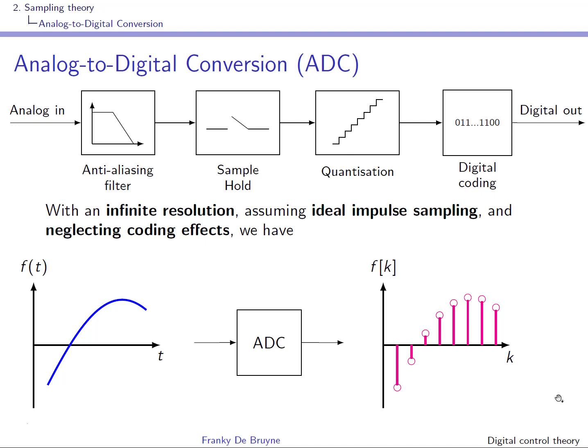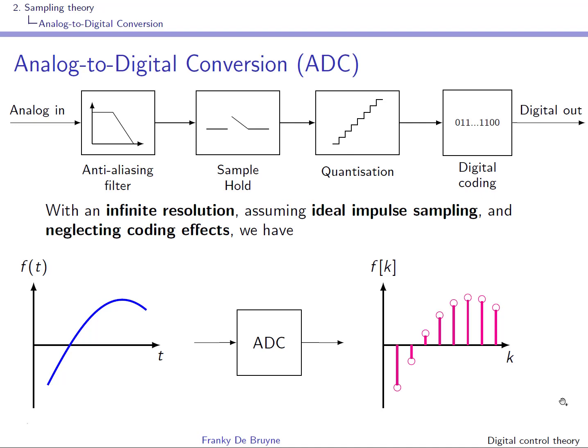There will be very small variations, and also you cannot assume that the sampling is ideal in the sense that it is instantaneous. The value of the sample will be the average around a small period around the sampling instant.